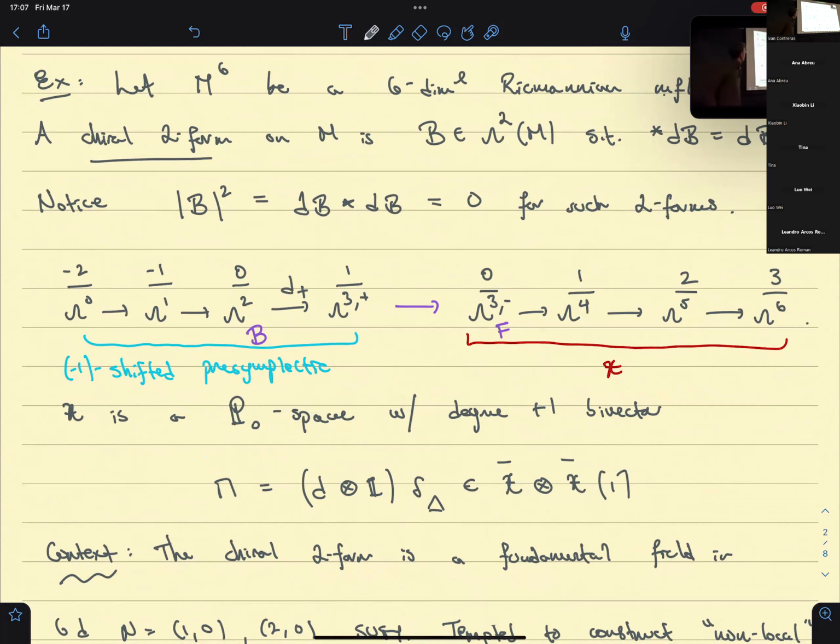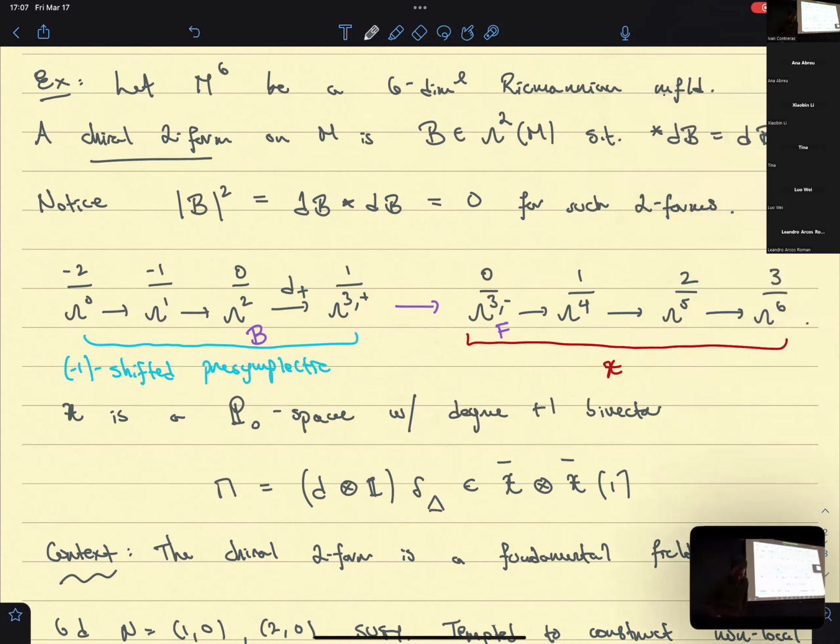The branes here are supported on 6-dimensional manifolds, so these are going to be related to theories on certain 6-dimensional manifolds. First, let me take the 6-dimensional manifold to be Riemannian. The primary field in this model is going to be what I call a chiral, or what Witten calls a chiral two form.